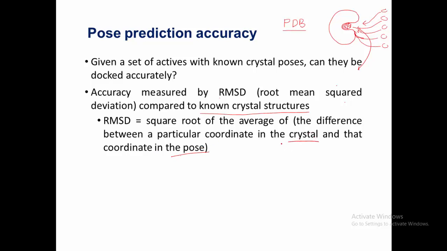Okay, so this will be as follows. For example, you need to dock your compounds and compare your docking with the co-crystallized ligand. If this is my enzyme, and this is my ligand, we call this the co-crystallized ligand. We call this the crystal pose.